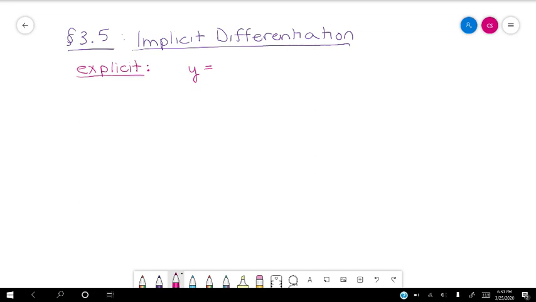So we've been doing differentiation to things like y equals 4x squared minus the square root of tangent of 3x plus 10 to the x, all right? These are all crazy things. We could actually take that derivative now. We have a lot of tools in our toolbox right now.